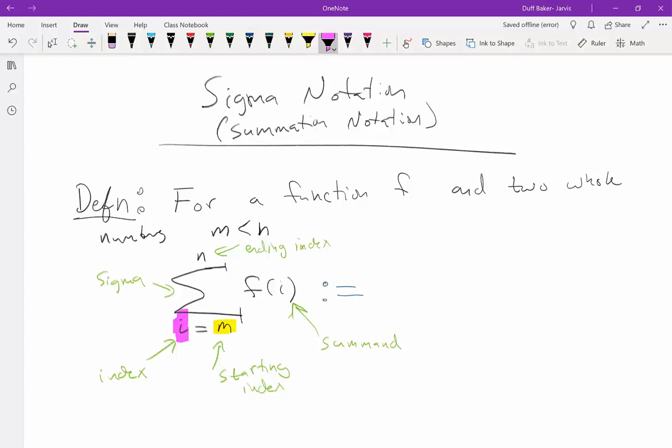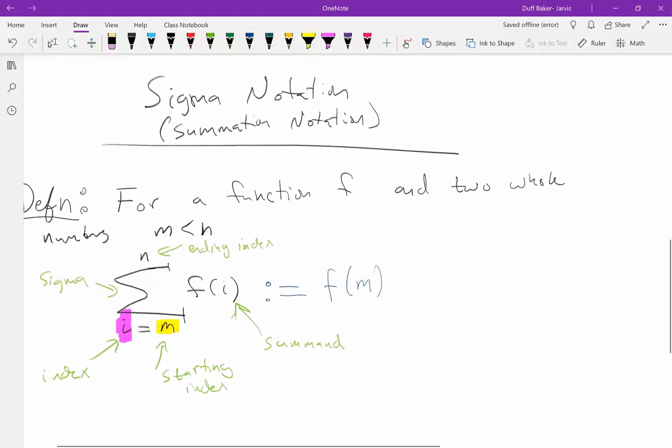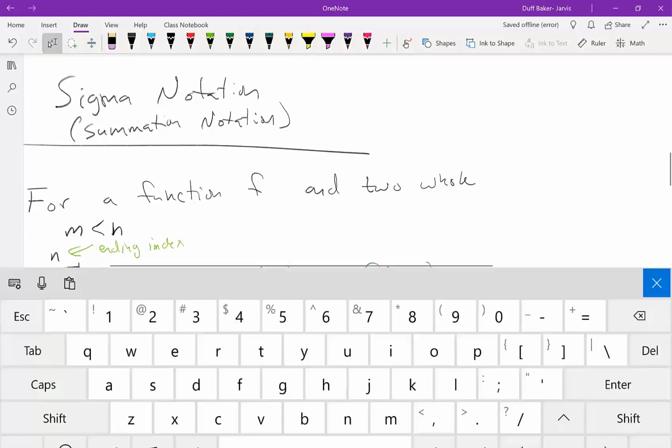And then you look at where you start. So we're starting at m. That means the first thing you do is plug in the starting index m for the counter i. Then you increment i by 1. So instead of m, I go up 1 to m plus 1, and I plug that in. And then I increment my counter by 1.